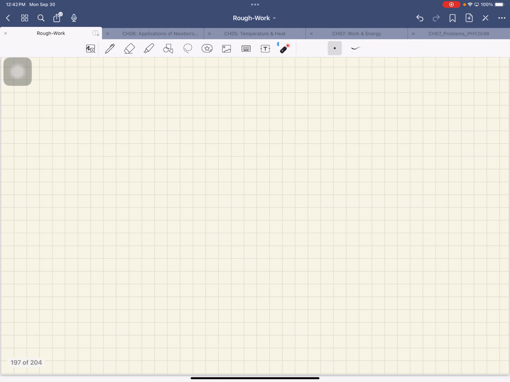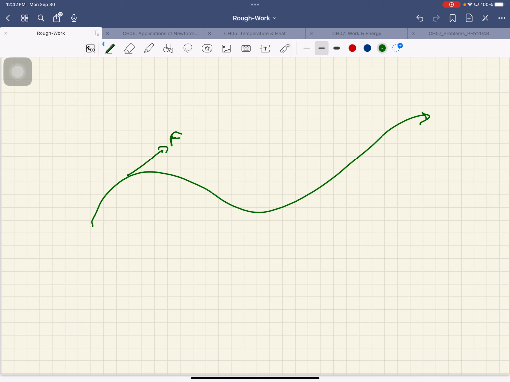And then the most general case was a non-linear trajectory where the force is also changing. But then you learned that you could do the line integral to get the work done.